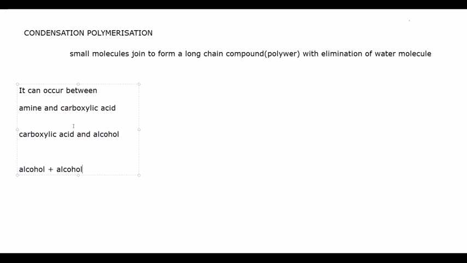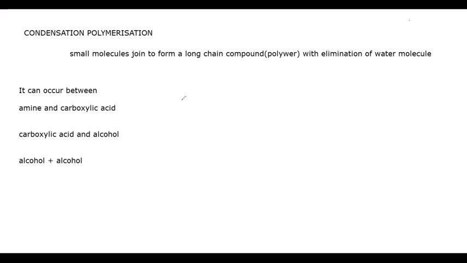So these are the only three possibilities. If one molecule is amine and another one is carboxylic acid, then they can form a condensation polymer. If one molecule is carboxylic acid and another one is alcohol, then there will be a condensation polymer. Or if both of the molecules which are reacting are alcohols, then a condensation polymer can also form. So these are the three possibilities in which a condensation polymer can form.